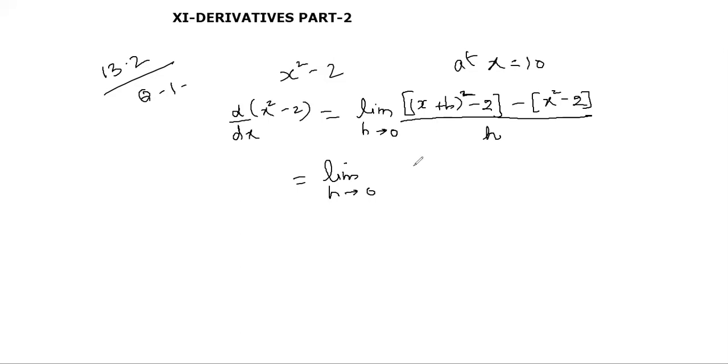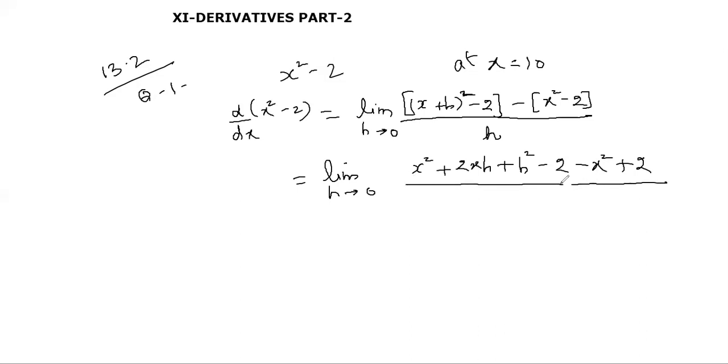You can open the square: x square plus 2xh plus h square minus 2. Open the second bracket: minus x square plus 2, whole divided by h.